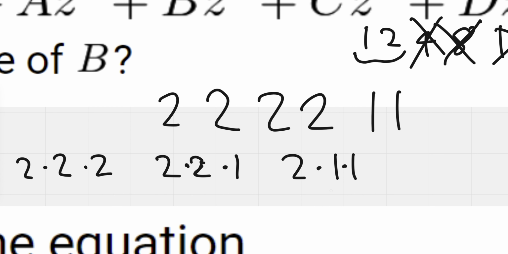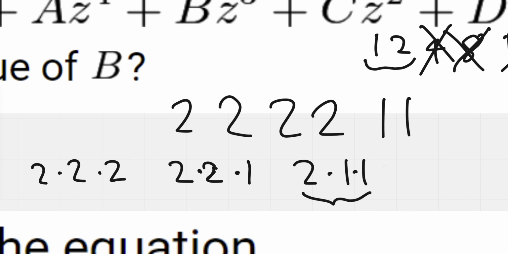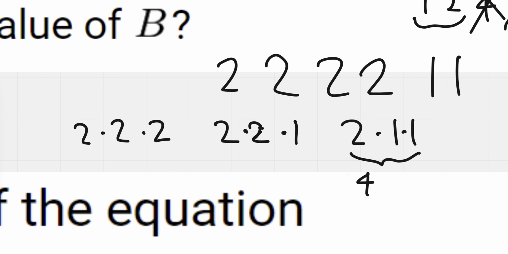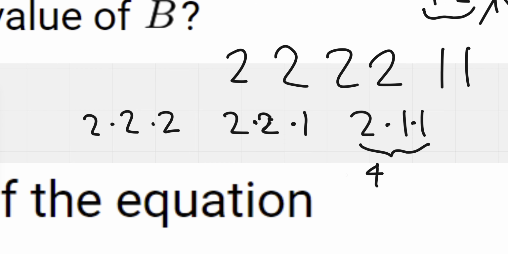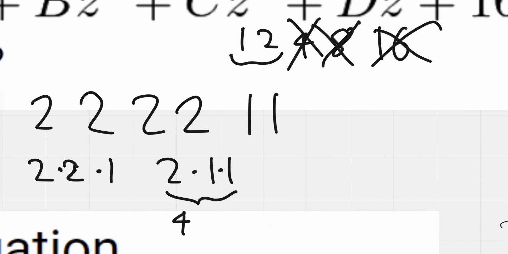But let's first try to find out how many times this case happens. So you're already multiplying by all of the 1s, and you just have 4 2s that you can select from for the last 2. So that's just going to be 4. Yeah, the order in which you put the terms doesn't matter.